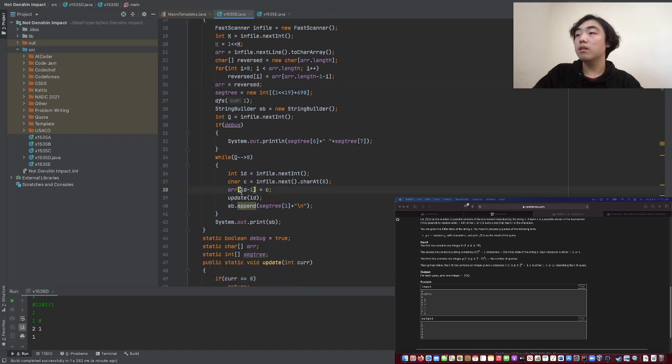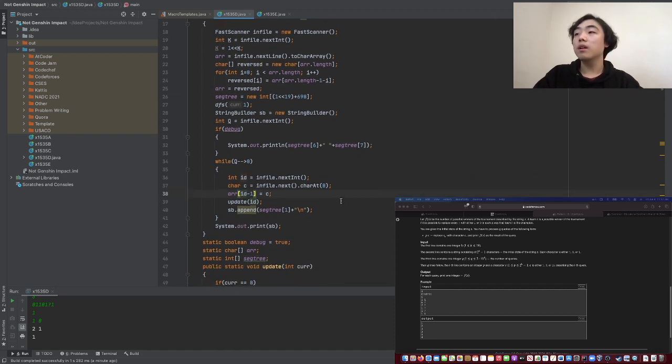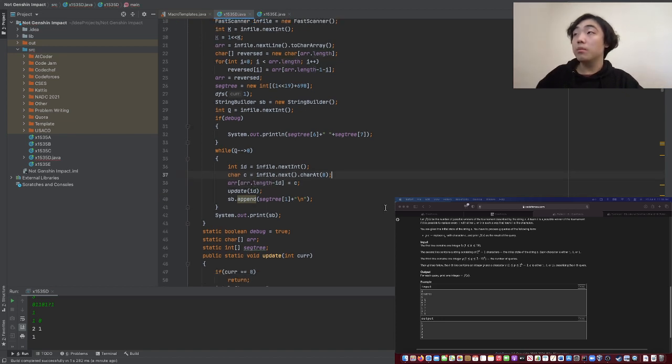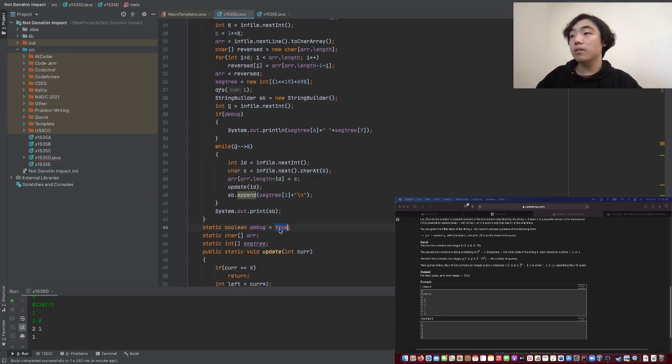And we also want to make sure this index is reversed. So if it updated this, then instead we would do n minus 1, or I guess n minus ID, right? Because it was the first game, then it would be something else, and so on. Yeah, that makes sense.